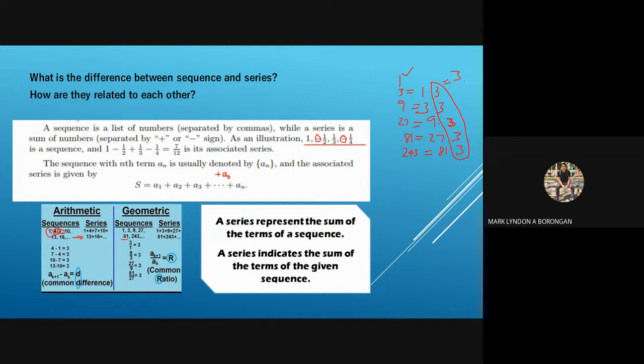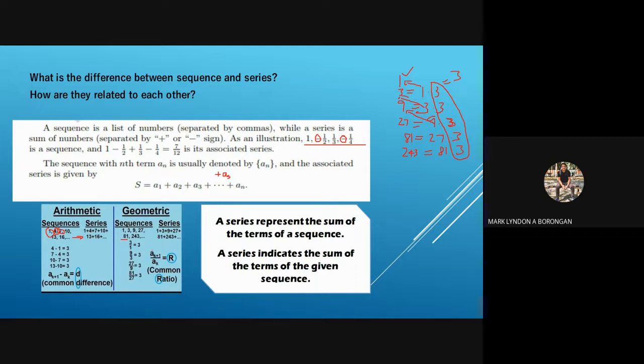That is the common ratio. For the sequence 1, 3, 9, 27, 81, the 1 is the first term, the 3 is the second term, and the 9 is the third term. That's how geometric sequences work.